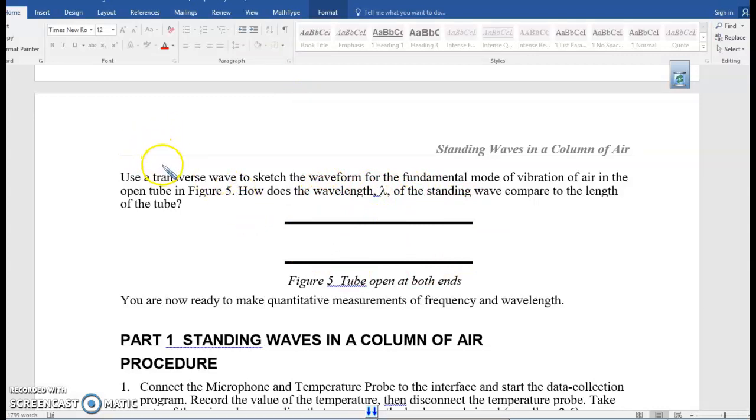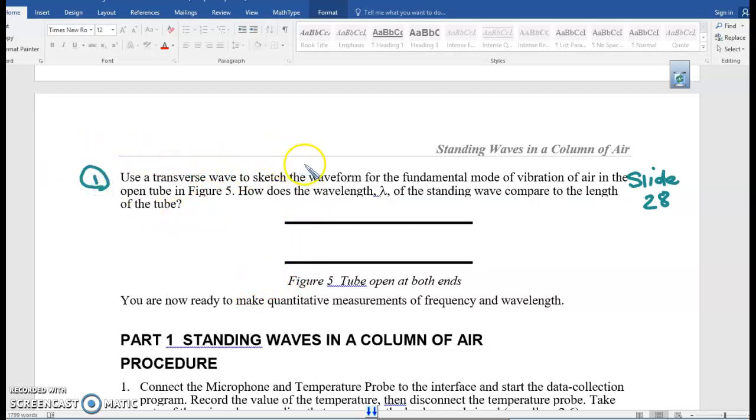The first thing that you want to do is to sketch the waveform for a fundamental mode for air in an open tube. So again, if you want to look at slide 28, or you can just Google it too, go ahead and sketch it for an open tube on both ends. We're going to call this number 1.